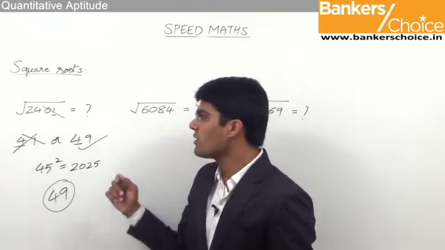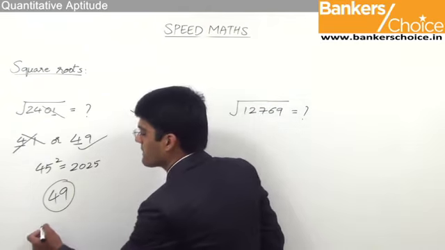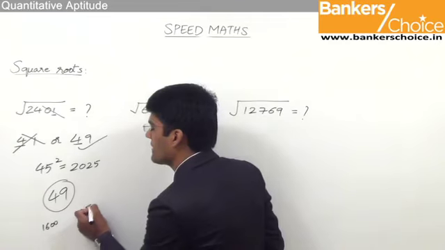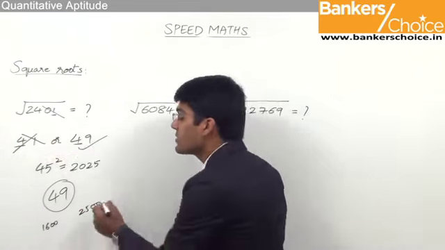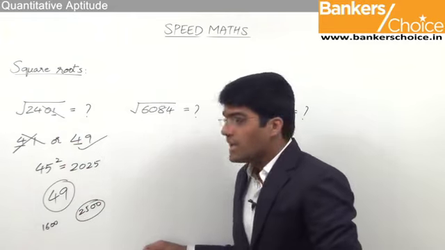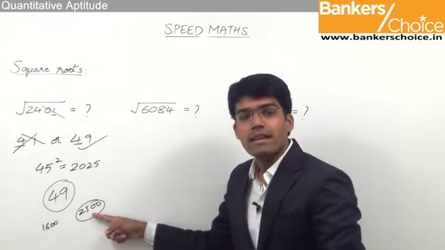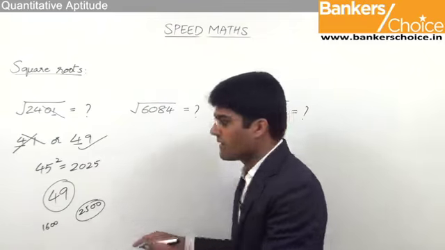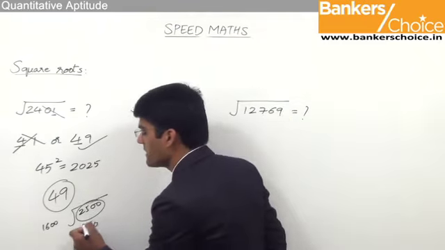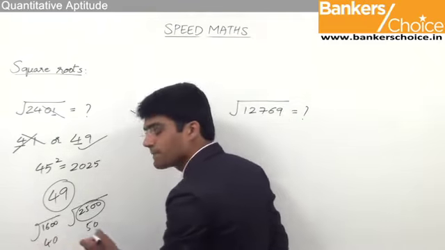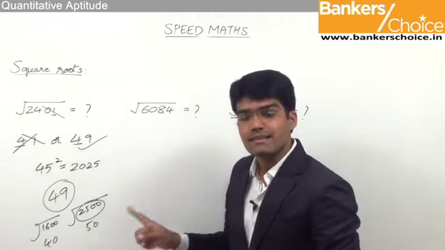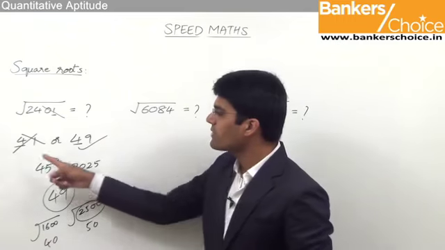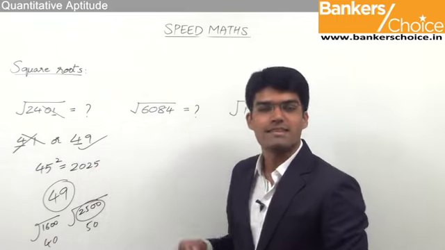Now this number 2401, if we check 1600 and 2500, we find that 2401 is closer to 2500. If it is closer to 2500, its square root should be closer to 50. Why? Because square root of 2500 is 50 and square root of 1600 is 40. So the number here is closer to 2500, hence its square root should be closer to 50. What is closer to 50? 49. So that's the answer.